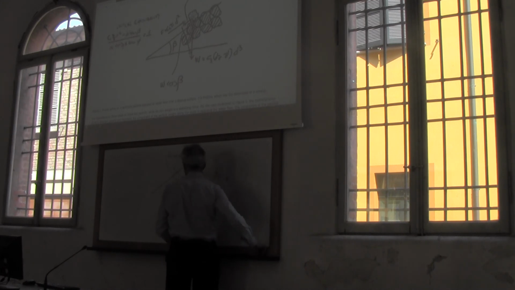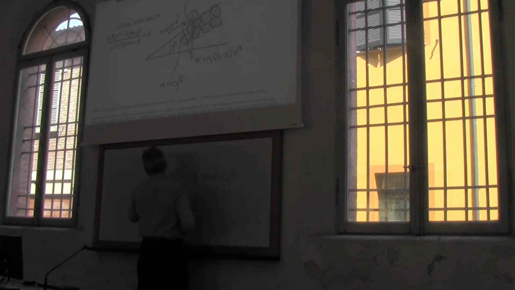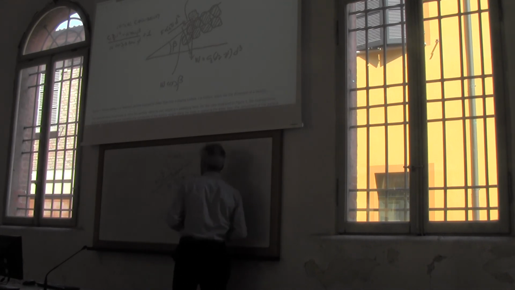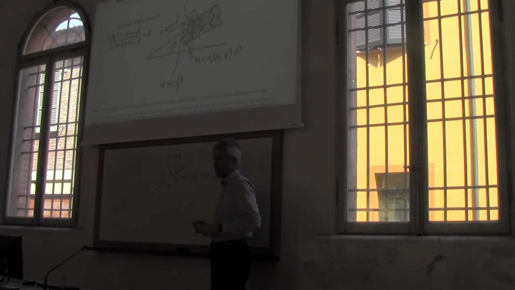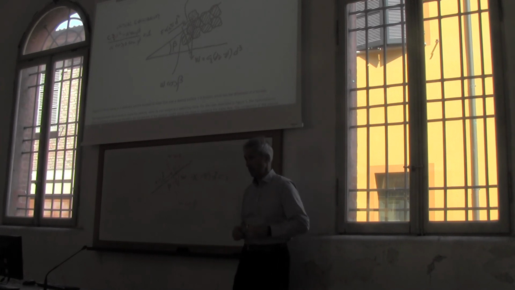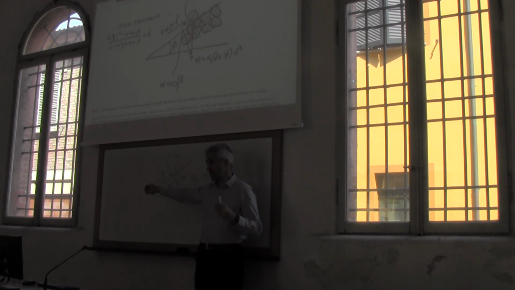The action of the wave here is called F, and this is proportional through a constant of proportionality C2 to the area of the unit, which can be expressed as a characteristic dimension D, again, squared.